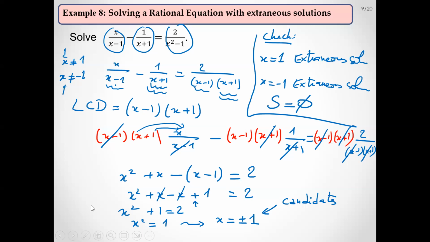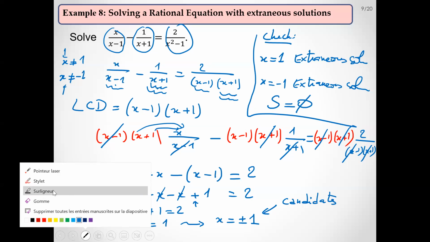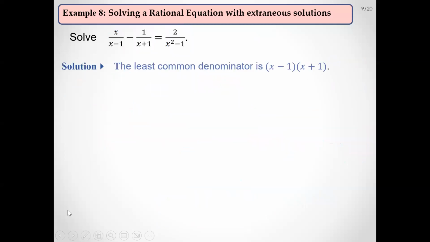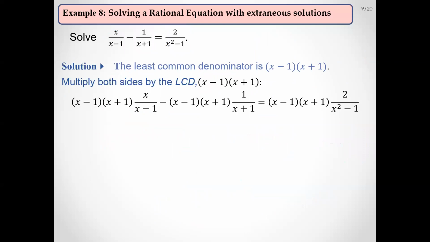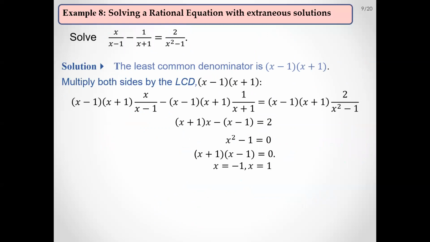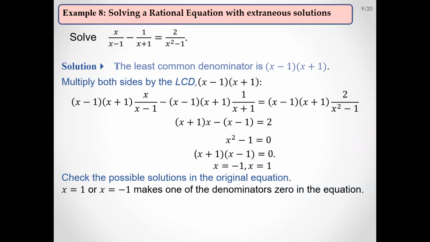Then again, I repeat step by step. Least common denominator. We multiply by the LCD. We simplify. We get the quadratic equation or linear equation. Here we factor, or we use the square root formula. We get the candidates, check, but here both are extraneous because x must be different from 1.